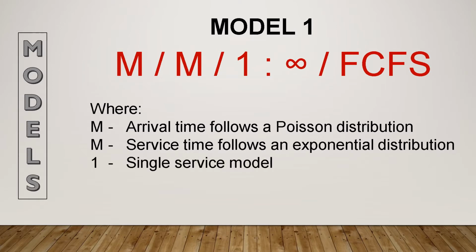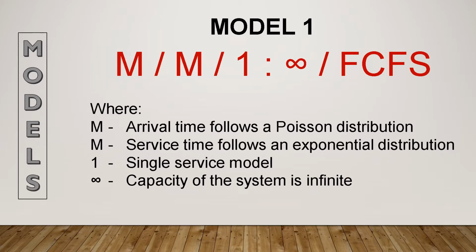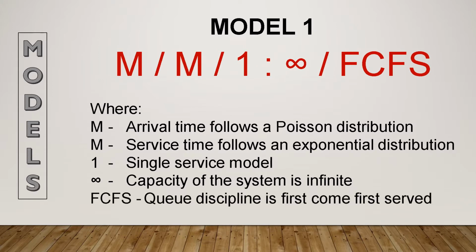The 1 pertains to the service model, which is single, and then the infinity symbol pertains to the capacity of the system, which is infinite. Then the last column pertains to the queue discipline, which is first come, first served, or FCFS. This is model 1, or the first model.